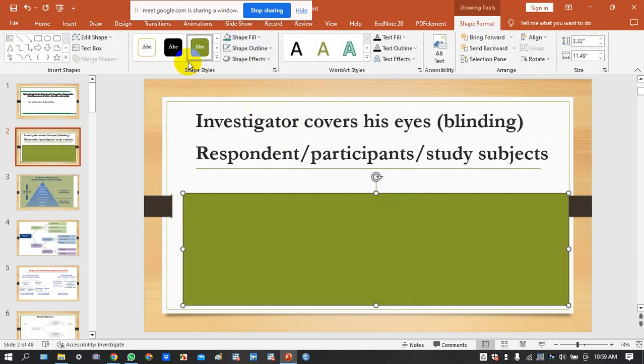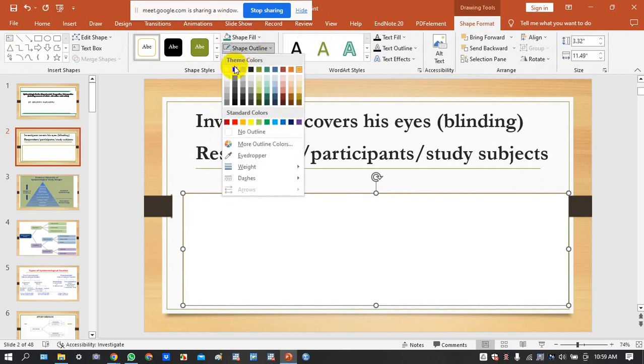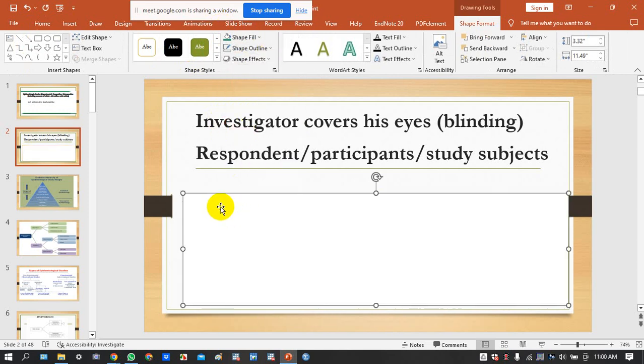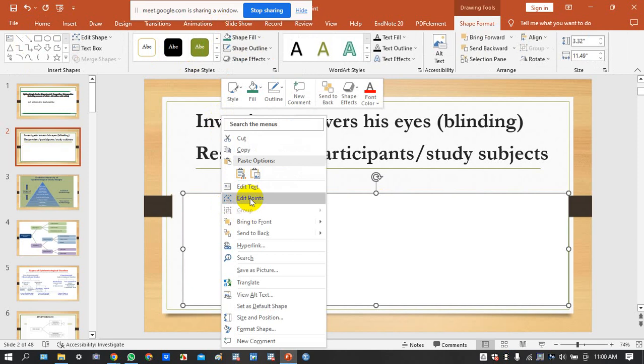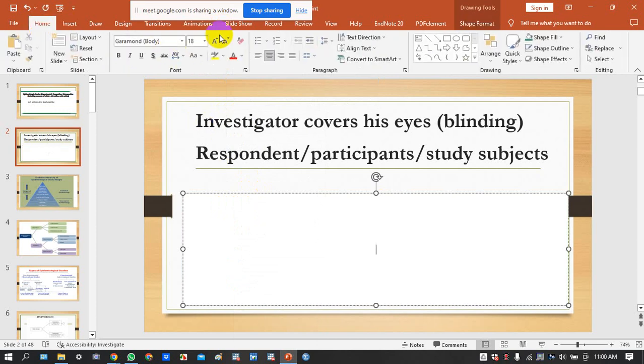Then if we blind both investigator and respondent, that is a single blind study when you blind either the investigator or the respondent.